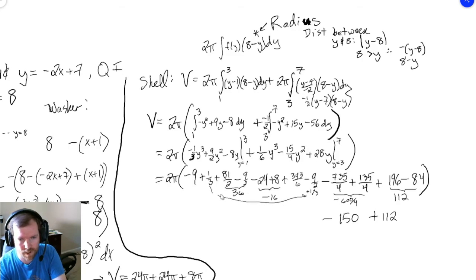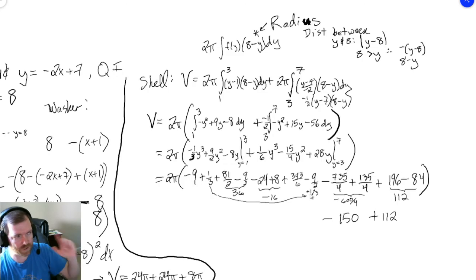This over here, and add 1/3 to negative 9/2, let's say this is going to be negative 27/6. So negative 27/6 plus 2/6 is going to be a negative 25/6.